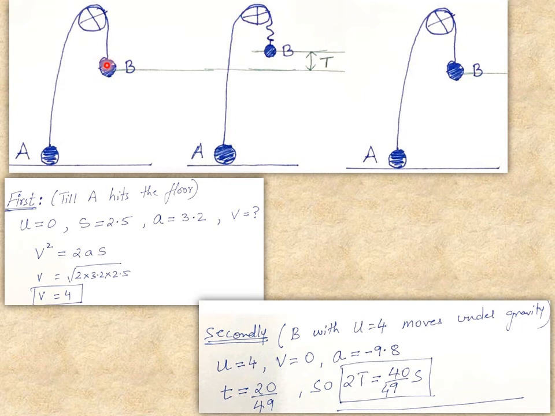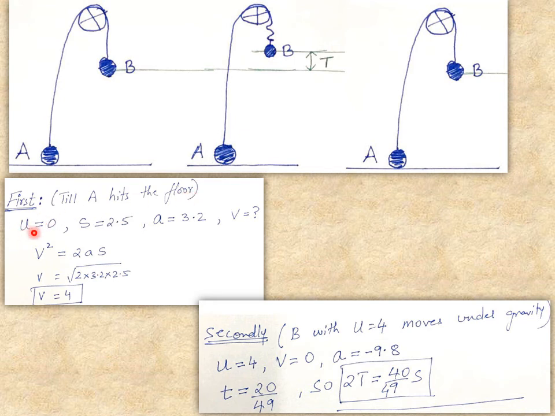Like the previous question, B will go slightly up under gravity and the string will become slack. Definitely it will come back and become taut again. It will go this much up and then come back the same, taking some time to reach there and some time to come back. So it is double of T.